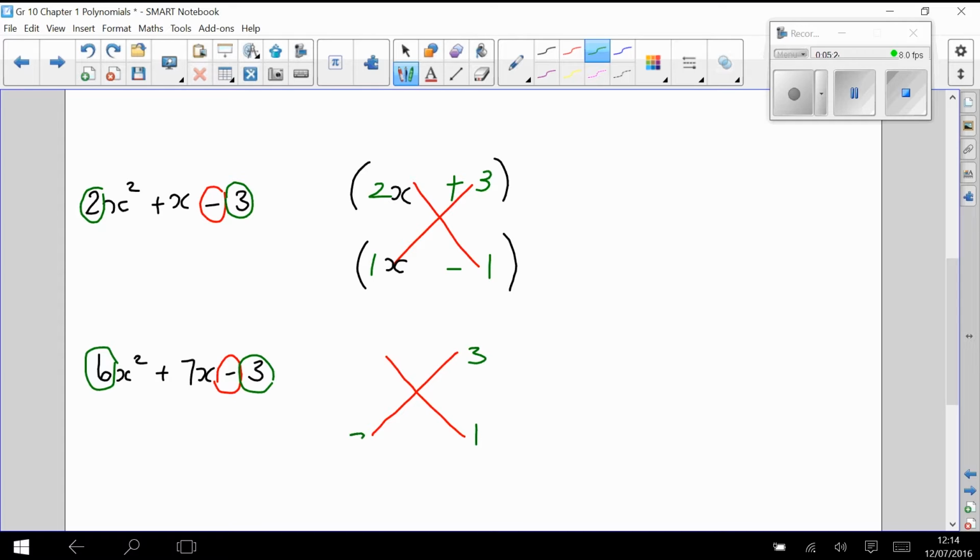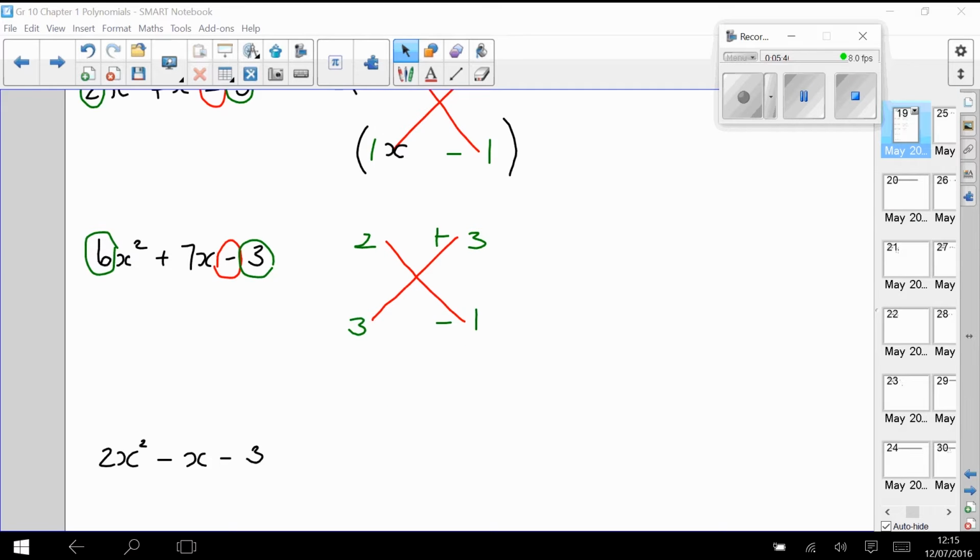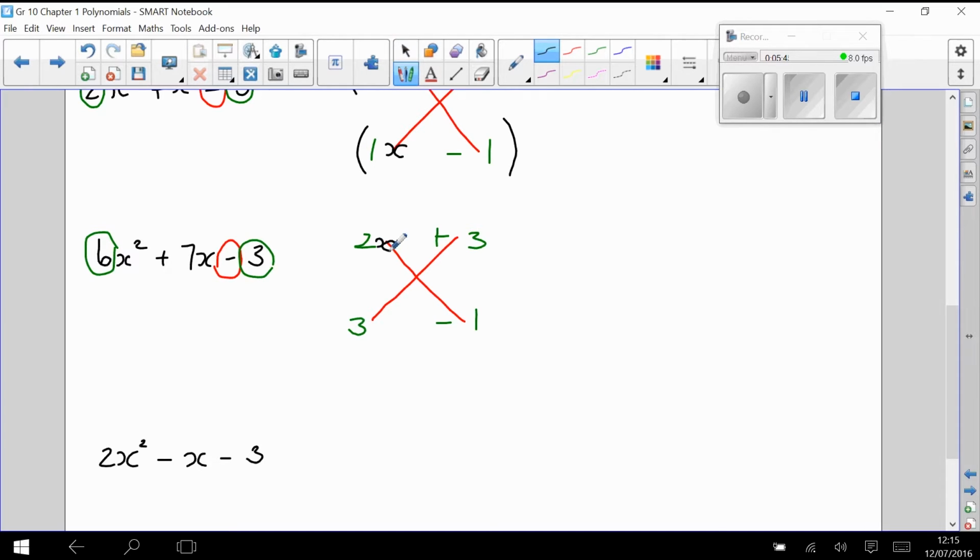Well, if I write the 3 here, I've got 9, and 9 minus 2 is 7. But I want a plus 7 answer, so I must have a plus 9 minus 2. And fully factorized, this sum is now going to be 2x plus 3 times by 3x minus 1.